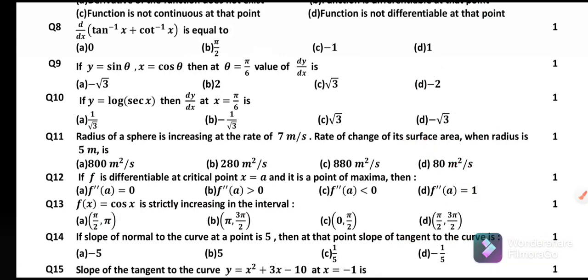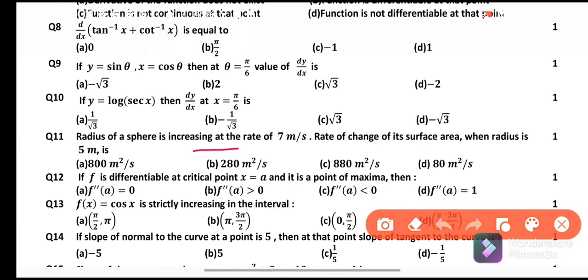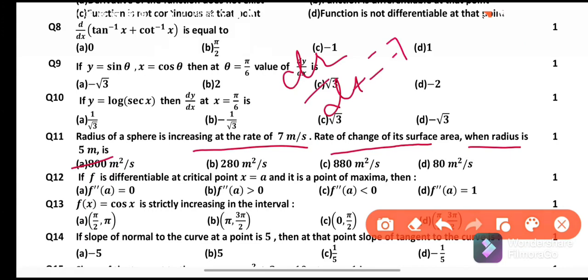Next, question number 11. The radius of a sphere is increasing at the rate of 7 meter per second. Then the rate of change of its surface area when radius is 5 meter. Now because radius is increasing at the rate of 7, that is dr by dt is given as 7, and surface area is equal to 4 pi r square.